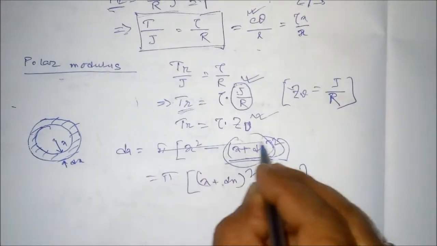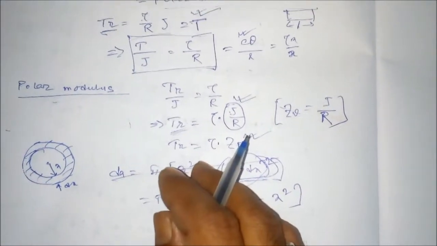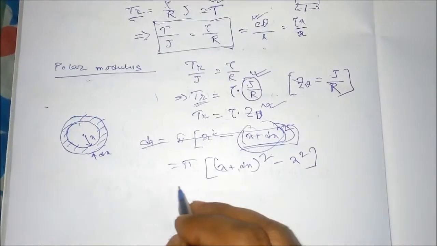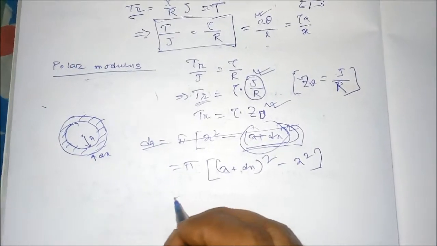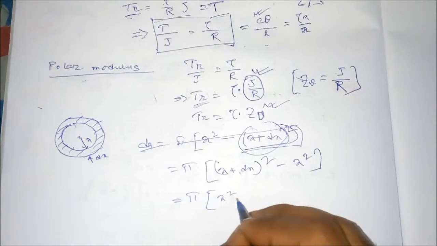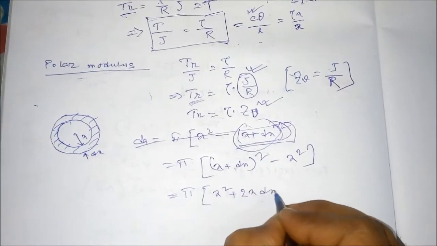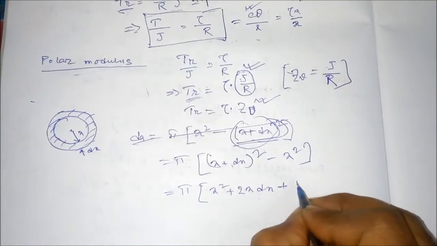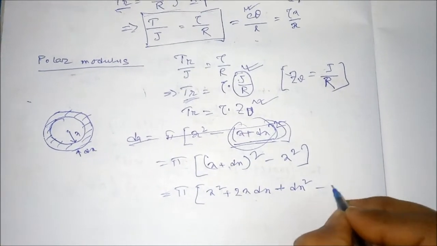So we can write this as pi times (x square plus 2x dx plus dx square minus x square).